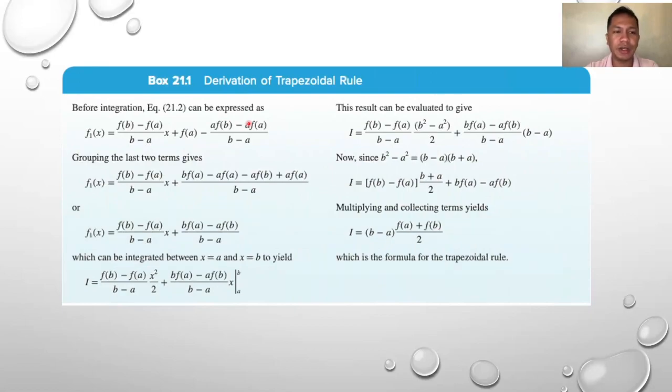Before the integration, this equation can be expressed as this one. So we just add x fb, x fa over b, and f of a is at the middle part.